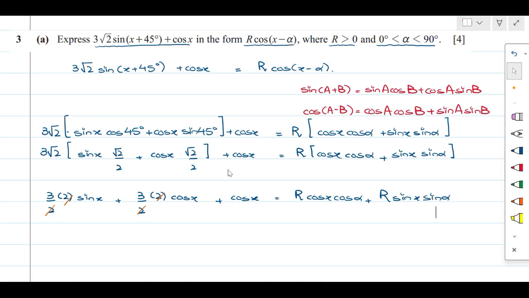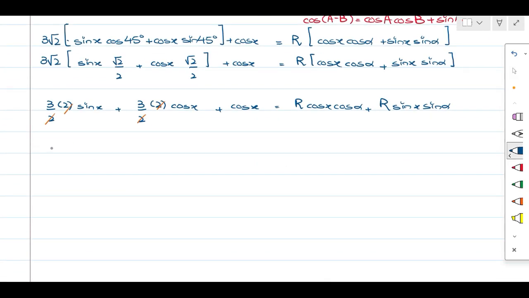Okay, now we can say this is just 3 sin x plus 3 cos x plus cos x is equal to r cos x cos alpha plus r sin x sin alpha.